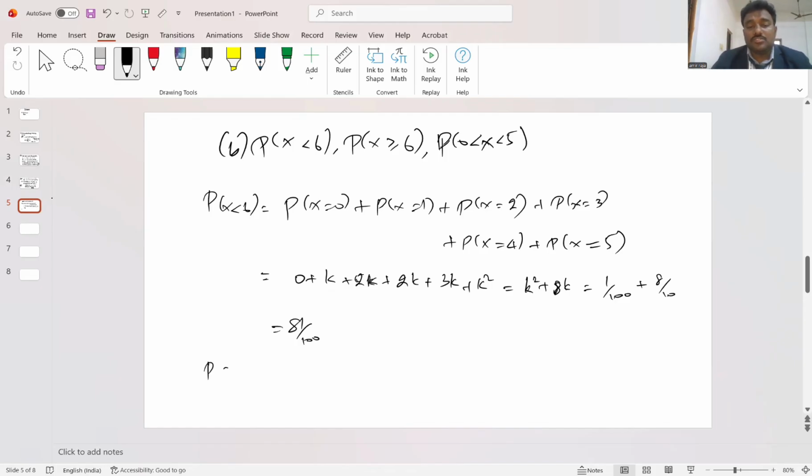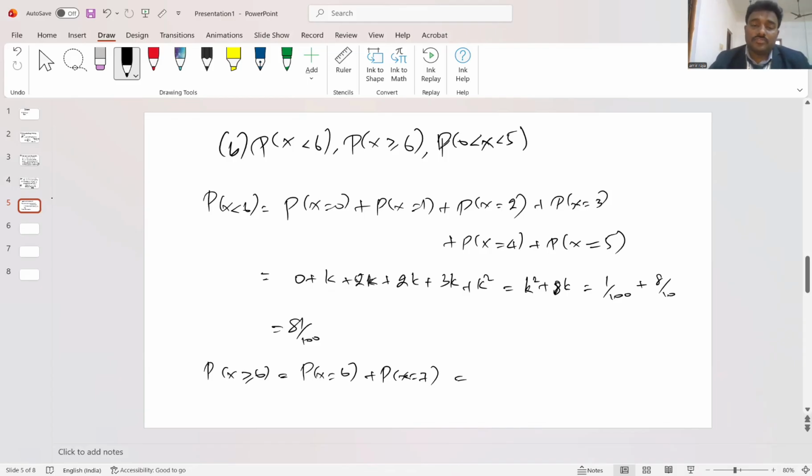And the next term is p of x greater than or equal to 6. So what is greater than or equal to 6? It is the remaining terms: p of x equal to 6 and p of x equal to 7, right?